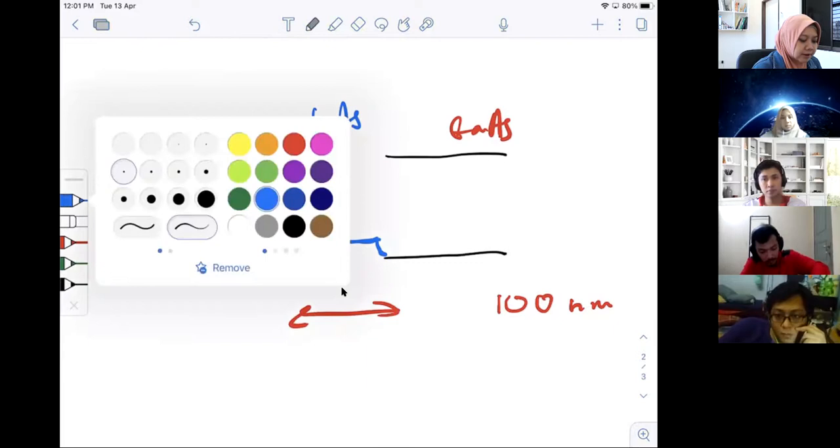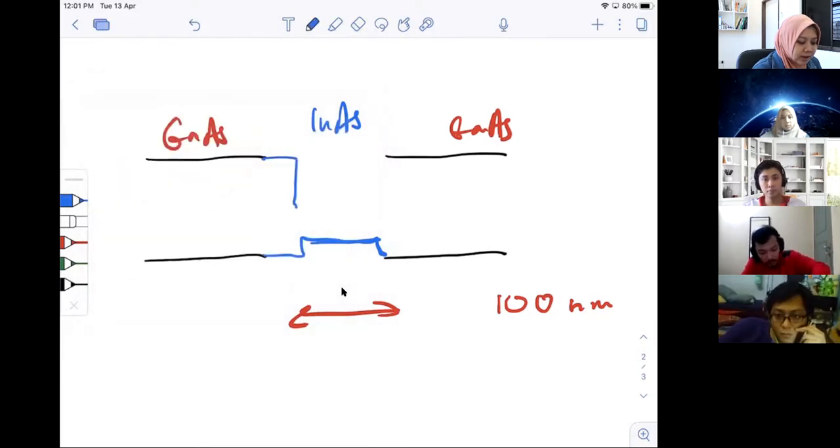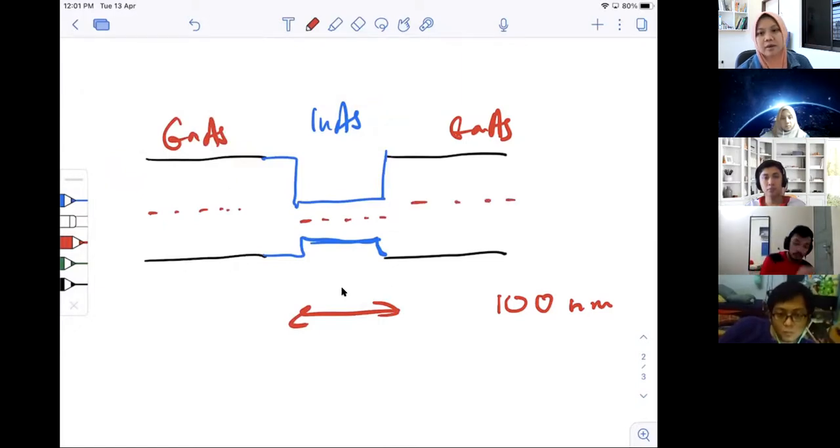Semua ni gallium arsenide, indium arsenide ni semua intrinsic. So dia intrinsic, dia tak ada band alignment, dia duduk tengah-tengah Fermi level dia. Dia bukan p-n junction pun. I'm just telling you just a material you put together in order to make a quantum well. It doesn't have to be p and n over here.